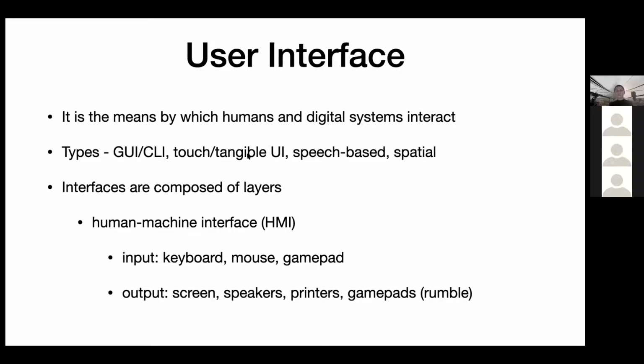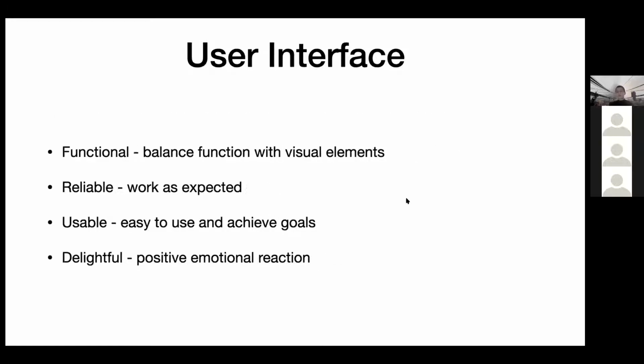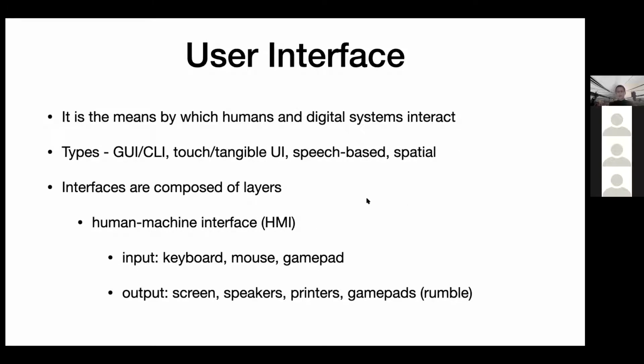Touch and tangible are slightly different, but the point being there's something physical that you're interacting with when you're interacting with digital content. And by physical, I don't just mean the glass screen that you're touching on your phone. It could be some other tangible device, like a game controller. It gives you haptic feedback, you have actual buttons, and it's a tangible controller for digital game characters. And then there are speech-based and spatial interfaces, specifically AR and VR.